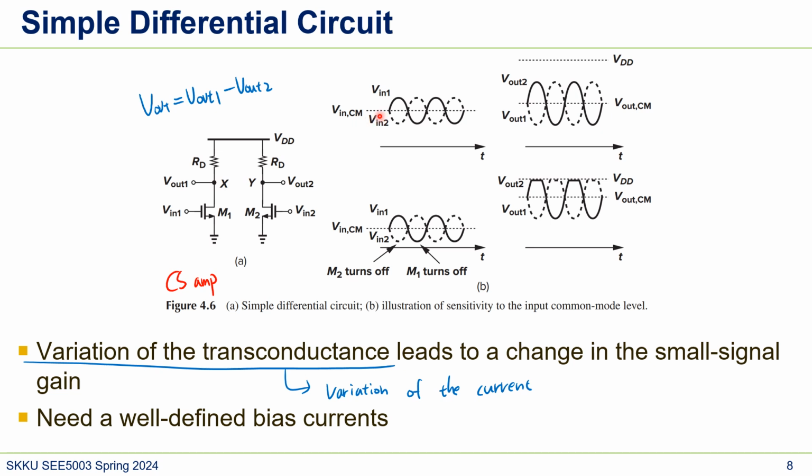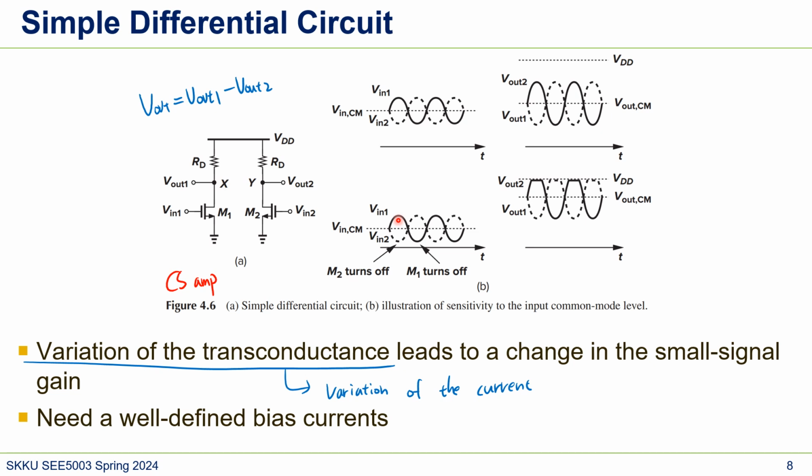Let's say V in Cm is placed at the right value, and then the V in 1 signal is like this, and V in 2 is in the opposite phase, so that's a differential input signal. With this, we expect V out 1 and V out 2 to also be 180 degrees out of phase, while the amplitudes are equal, right? And then we do have this V out Cm, the common mode.